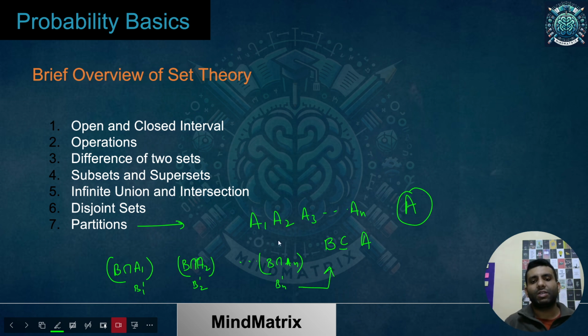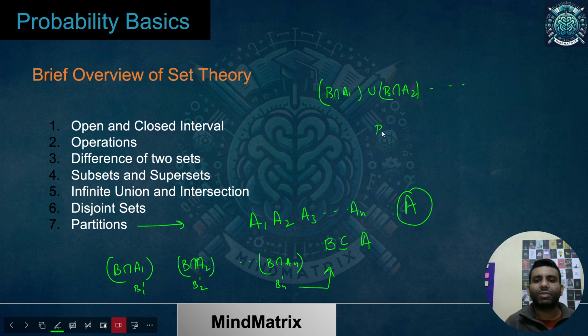Why? Because these were already a partition of A, and we have already said that B has been taken from A. So if these were disjoint, then for sure all of these would be disjoint. And if you just use a law, that means B intersection A1 union B intersection A2, you'll realize what you'll come up with.